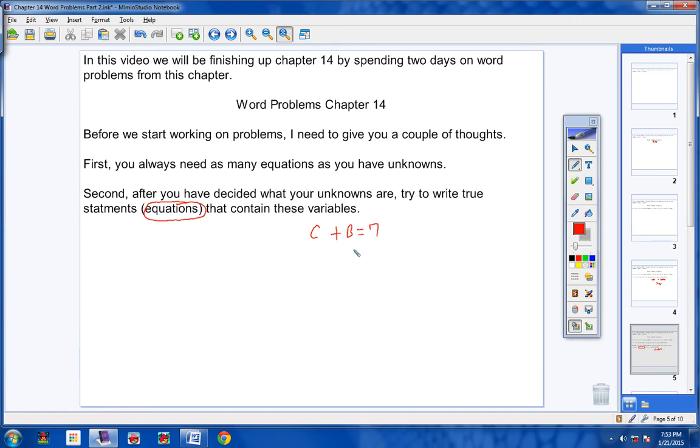That would be an equation you could write down that has both unknowns, because you know you bought a total of 7 CDs and books altogether. So what you want to do is try to write equations that contain these variables, alright? And a lot of this doesn't sound like it makes a lot of sense, but you will understand what I'm doing once we get started here.